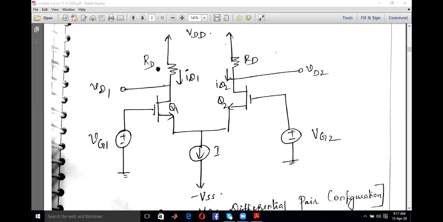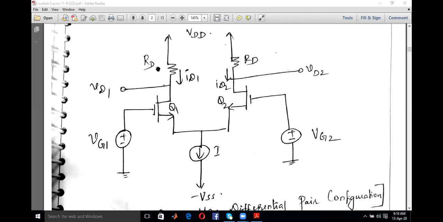So this differential amplifier is integrated within the op-amp. As you have studied the internal block diagram of the op-amp, you are very much familiar. In that block diagram, the first stage is an input stage followed by a differential stage. That differential stage is nothing but a differential amplifier where you have two inputs, one to the positive terminal of the op-amp and the second to the negative terminal.